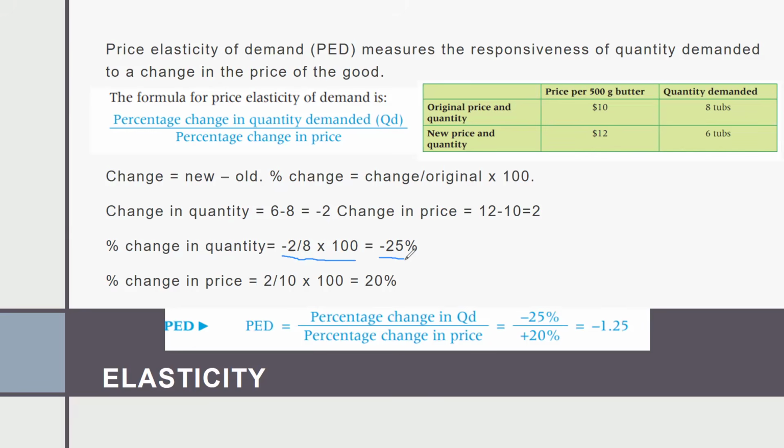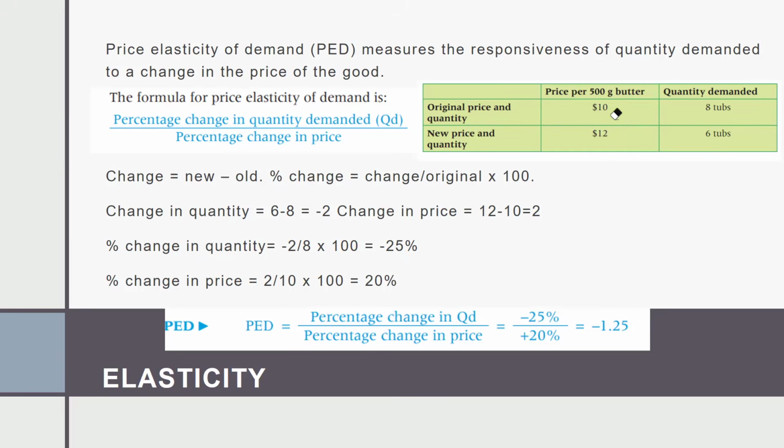The percentage change in price now is the change in price divided by the original price multiplied by 100. The price was $10, now it's $12. How much did it change by? 2. Did it increase or decrease? Increase.